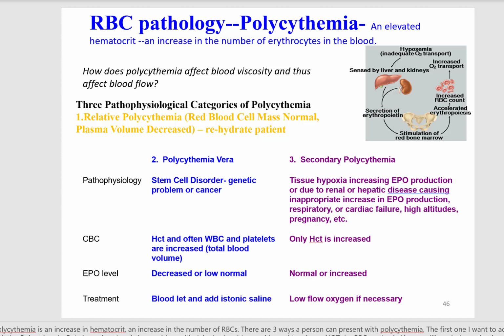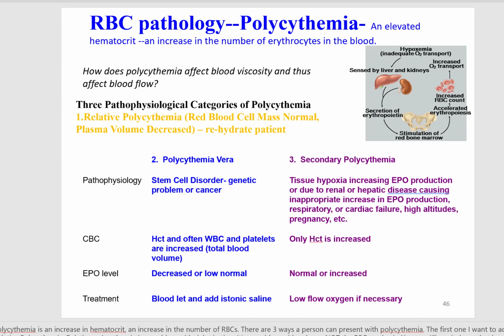And if blood is thicker, it would not go through the vasculature in the same amount of time. So having a thicker blood would reduce your blood flow rate. Again, blood flow rate is a volume of blood, milliliters per unit time.